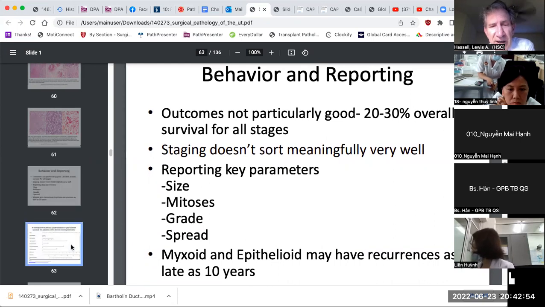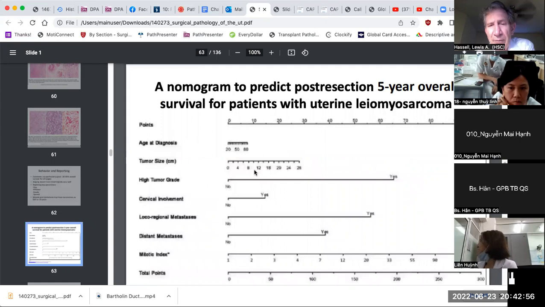I have seen people use this nomogram to provide better predictive activity of the likelihood of recurrence. And I'm sorry this doesn't show up very well, but essentially this uses factors like age at diagnosis, size of the tumor, high grade versus low grade, whether there's involvement of the cervix, whether there is any metastasis in the region, pelvis and so forth, or distant metastasis, and what our mitotic rate.